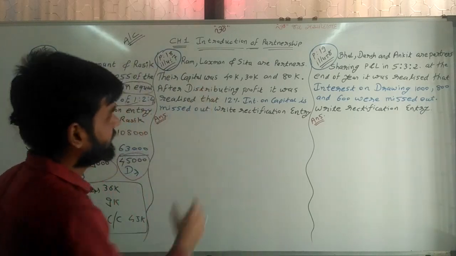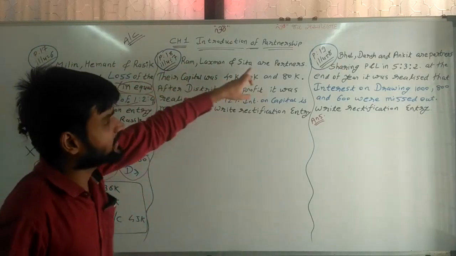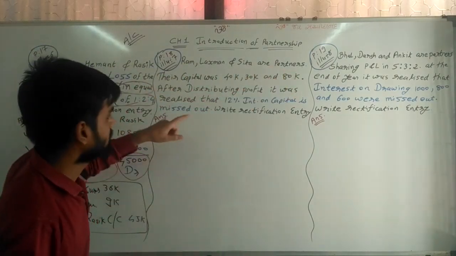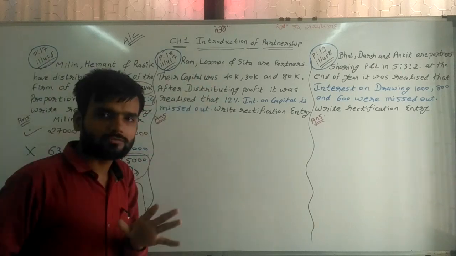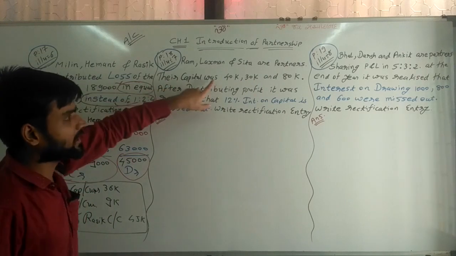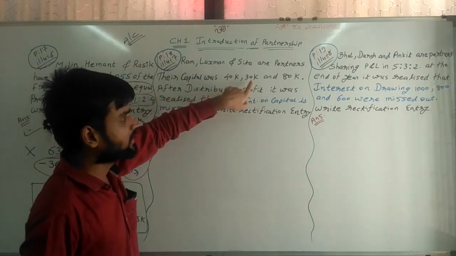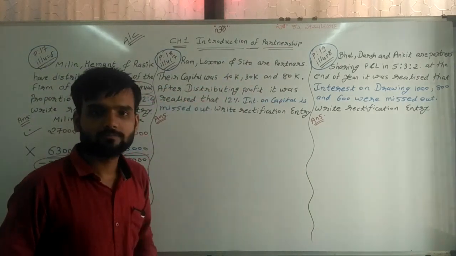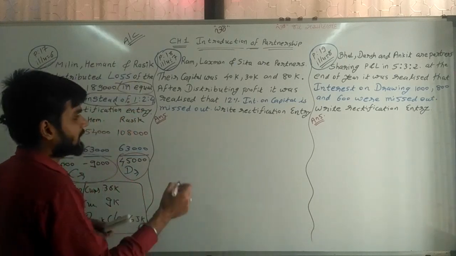So first see here, Ram, Lakshman and Sita are partners. Here the question is written in short. Ram, Lakshman and Sita are partners. Their capitals were 40,000, 30,000, 80,000. So here 3 partners are there.